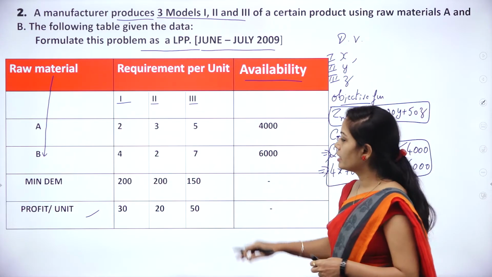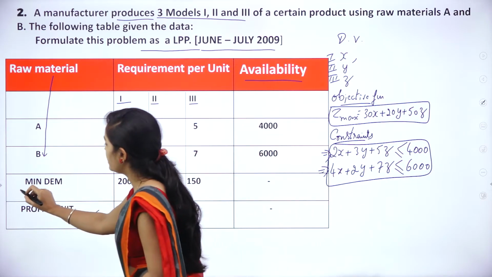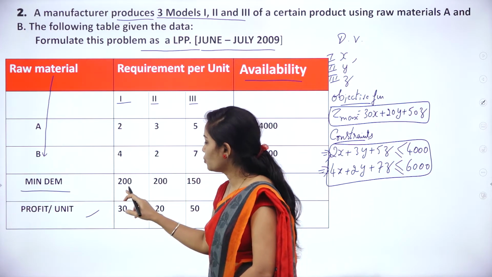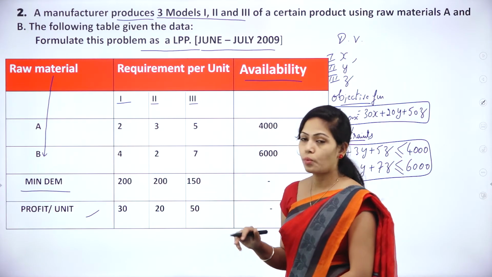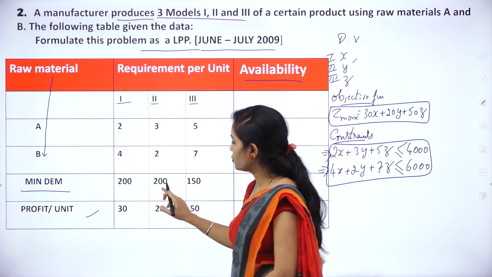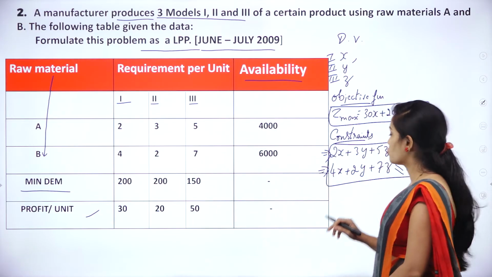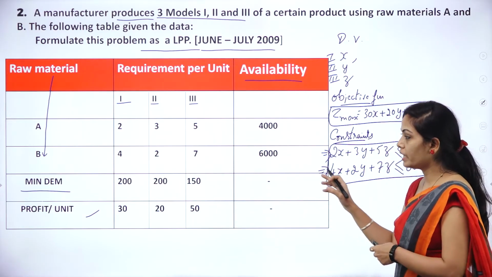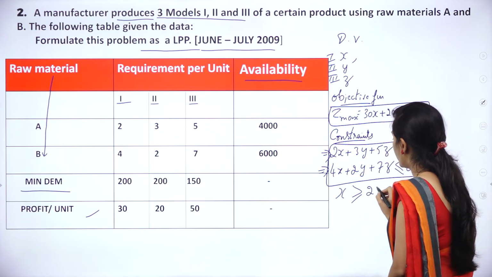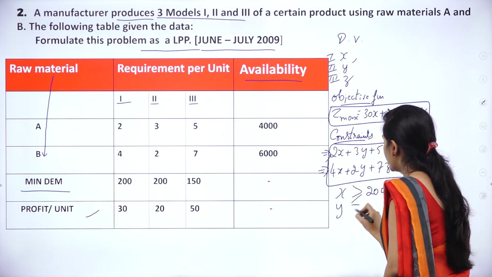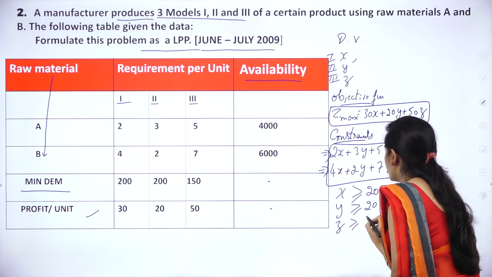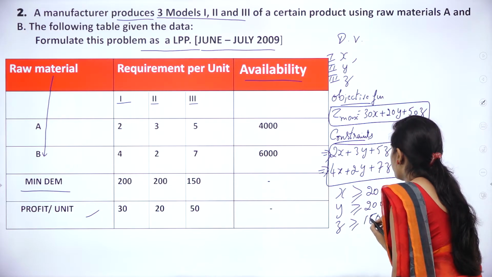They have also given the minimum demand: the minimum demand is 200, 200 and 150 for all the three models. In the sense of minimum demand, I will use x greater than or equal to 200, y greater than or equal to 200, and z greater than or equal to 150.